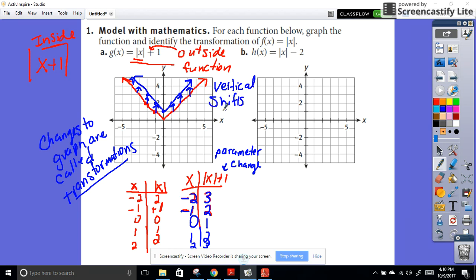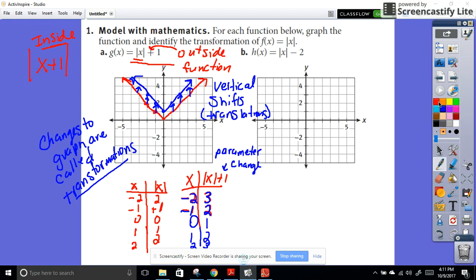Another word for shifts is translations. Okay? Vertical translation. So outside changes, numbers that are being added or subtracted, cause vertical shifts. We added 1, it causes us to shift up 1.